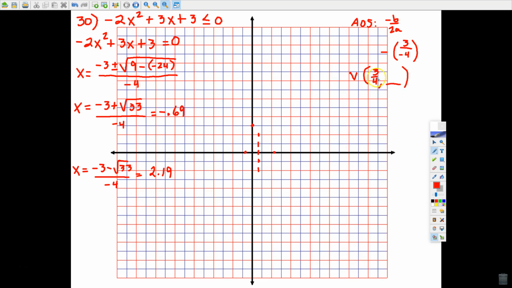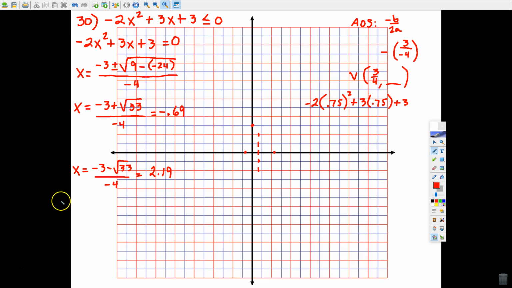And to get the rest of the vertex, you just put 3/4 back into this function for x. So literally in your calculator you could key this in, negative 2 times, I'll just change 3/4 into decimal, 0.75 squared, plus 3 times 0.75 plus 3.